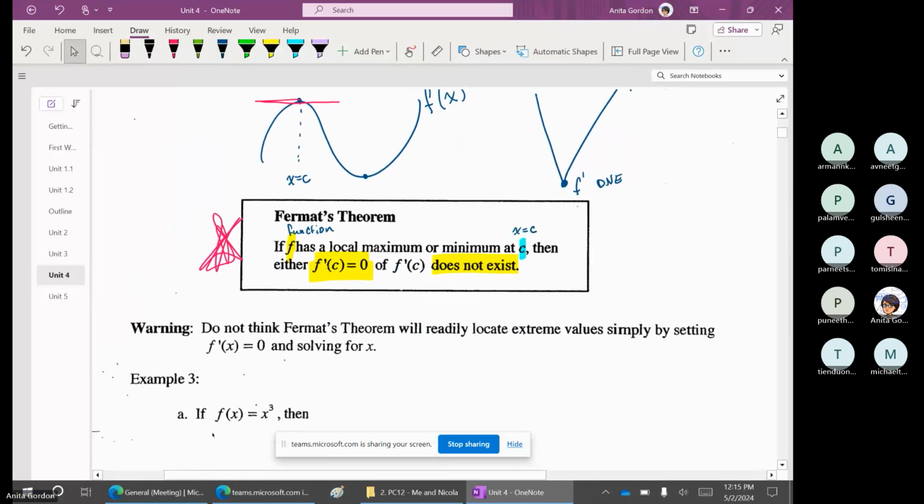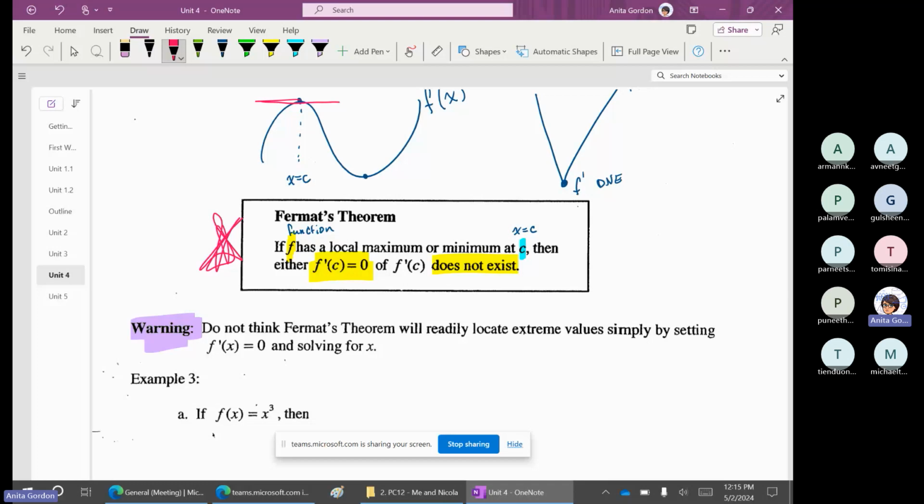However, warning, put it in a box, highlight it. Do not think that this will tell you the location of all your extreme values simply by setting the derivative to 0. Okay, if you know it's a local max or min, then the derivative is 0 or doesn't exist. But the opposite doesn't work.